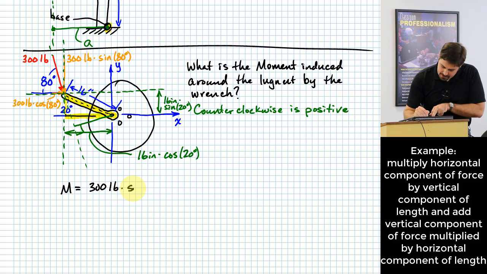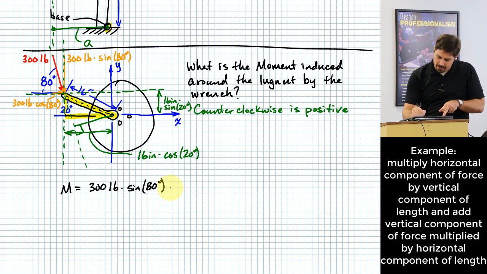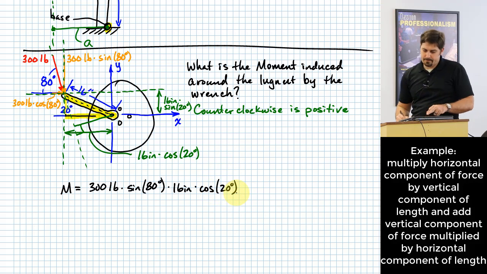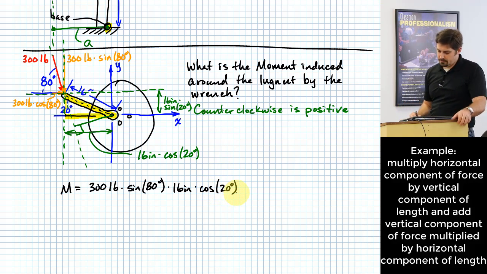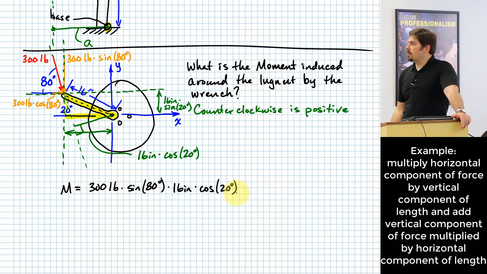Okay, which means that I can leave it as a positive value. And I need to multiply it by what? 16 inches cosine 20. Okay, so far so good.